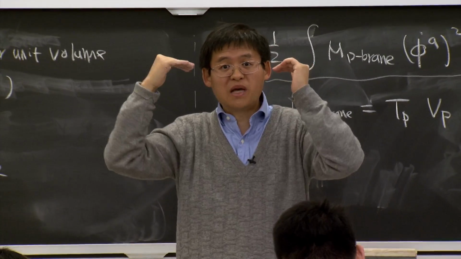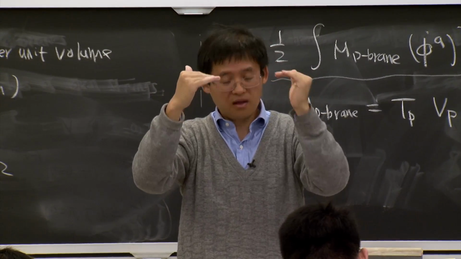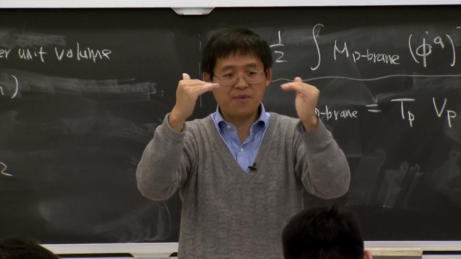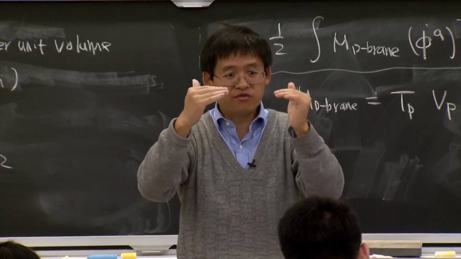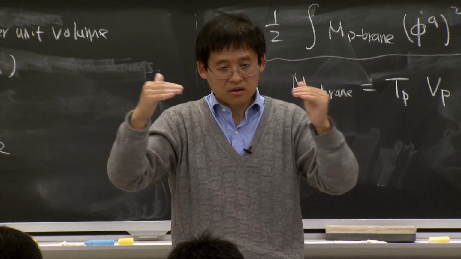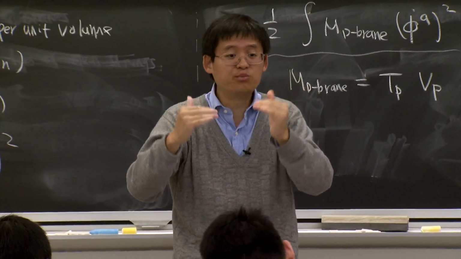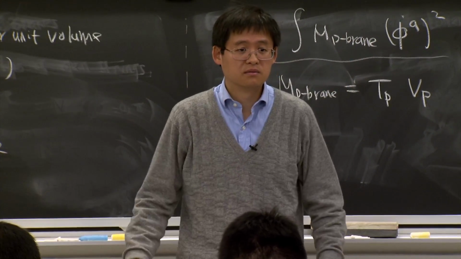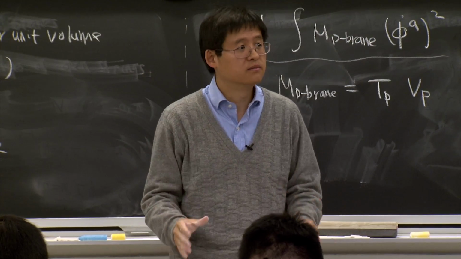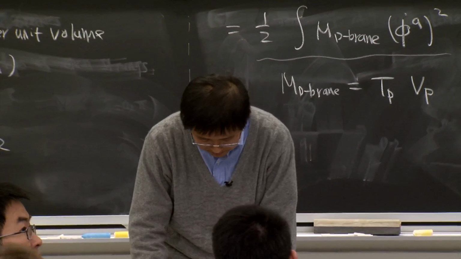You start with a specific solution, a specific configuration of the D-brane, which you happen to be able to quantize. Then you can find all the excitations around that particular configuration, and then you can turn on those excitations to move away from those points. That's essentially what we are doing here. Right, okay, let's stop.